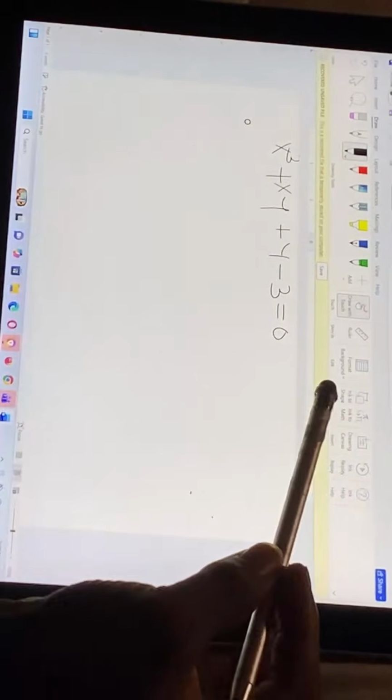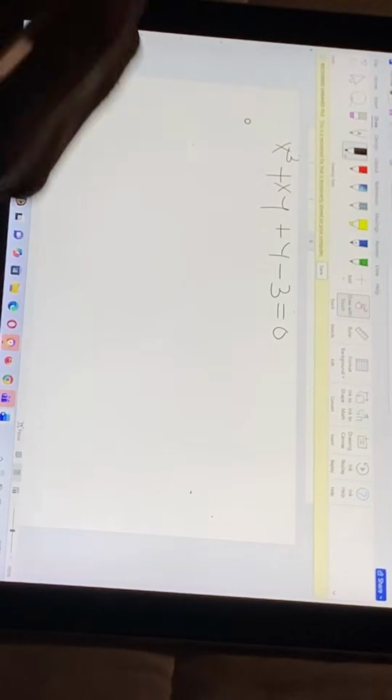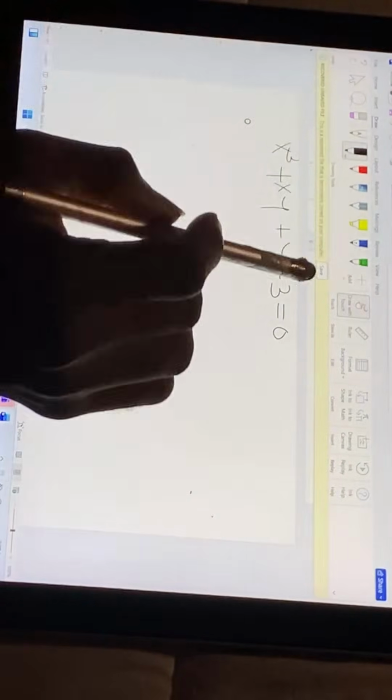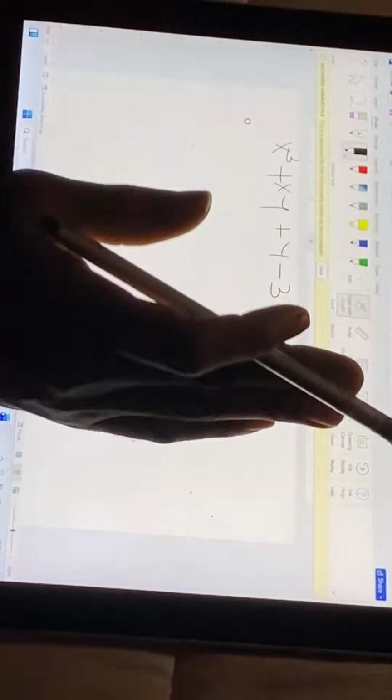So I took that 3 at the right hand side to the left hand side. When you do that, we have this equation standard. So listen to me carefully, before you use that shortcut, the first thing you have to do is to take anything at the right hand side to the left hand side.